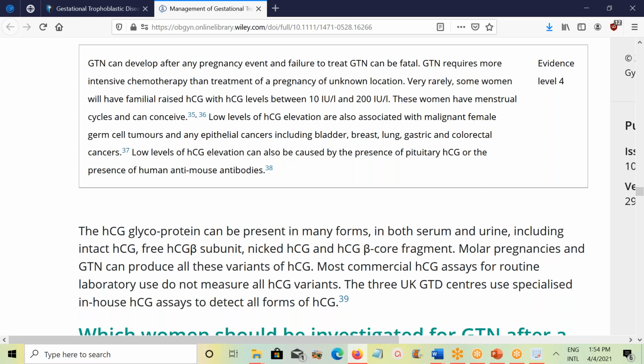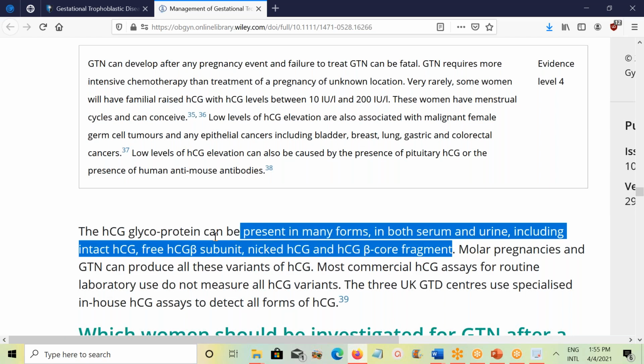The HCG protein, as you know, is a glycoprotein and can be present in many forms in both serum and urine, including intact HCG, pre-beta HCG subunit, nicked HCG, and the HCG beta core fragment. These are different dimers, different presentations.